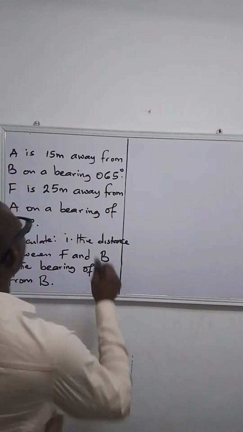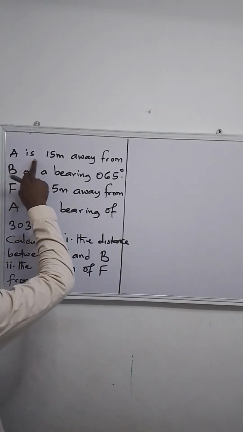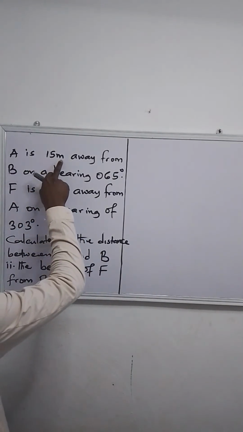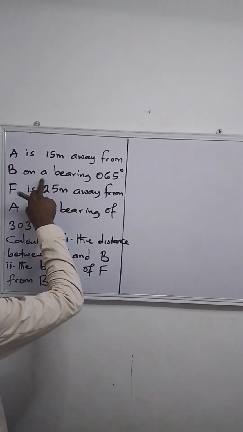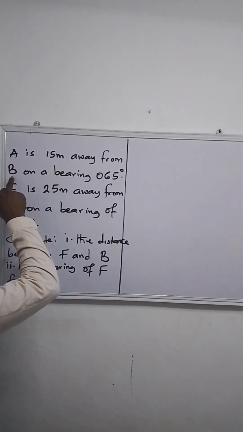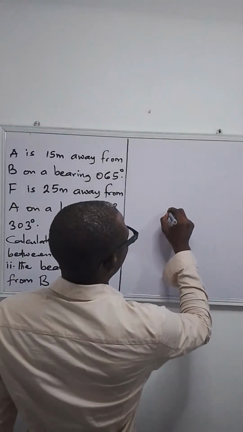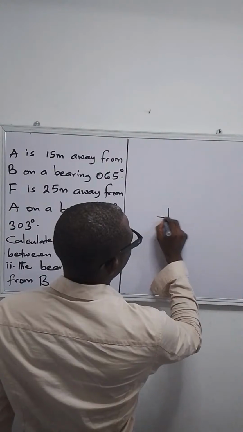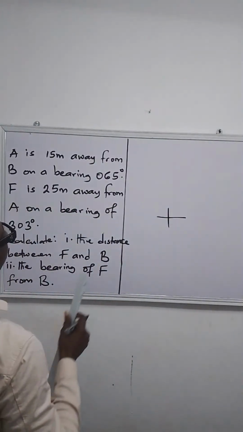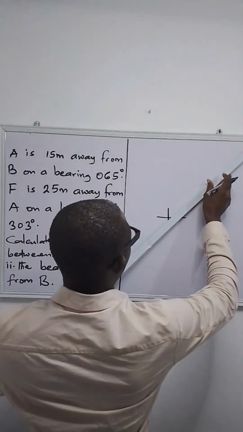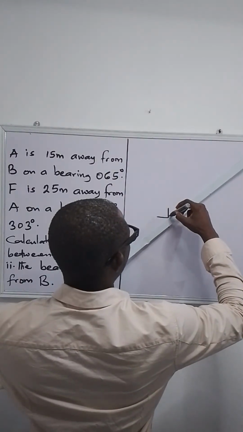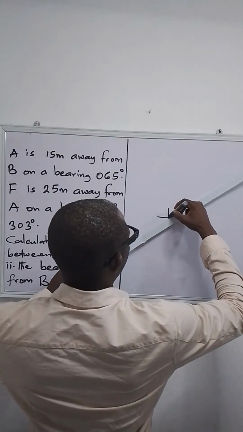Okay, so now the question says A is 15 meters away from B. So B is the first point you are going to locate. Now 15 meters away, we have this, on a bearing of 65.